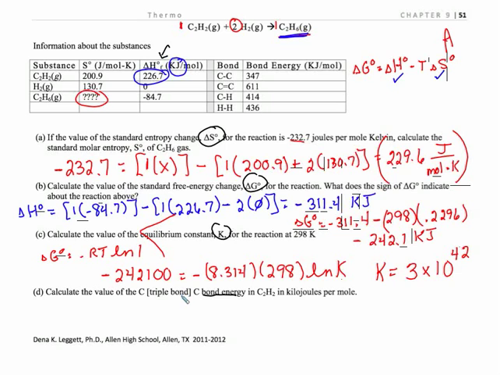Now, it says calculate the value of the triple bond energy in C2H2. So that is our hint that the structure of that is this. And if you remember a long, long time ago, before Christmas, back when you didn't know all this abundance of chemistry, that this is an alkyne.